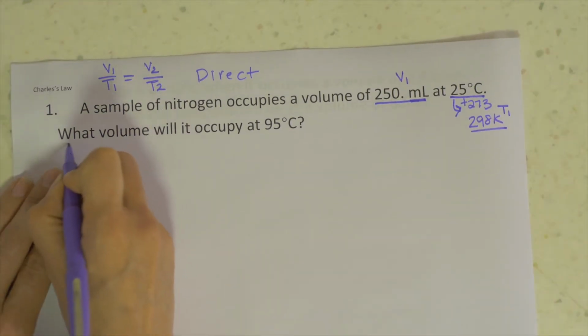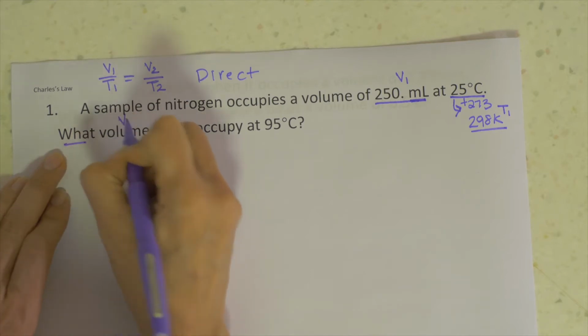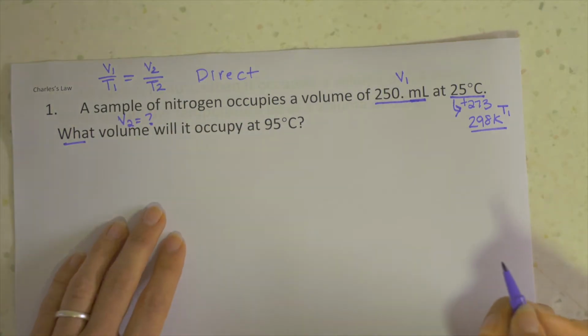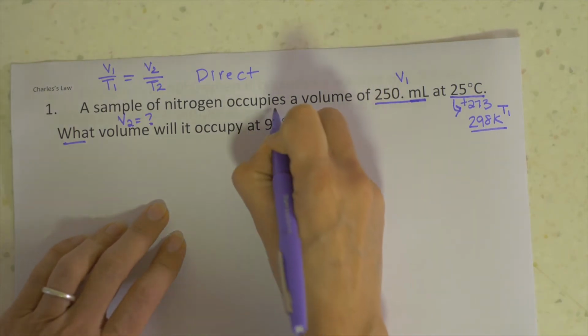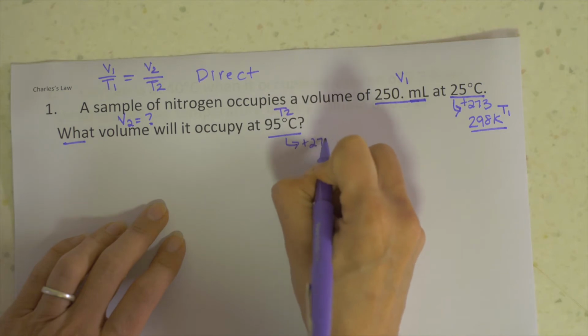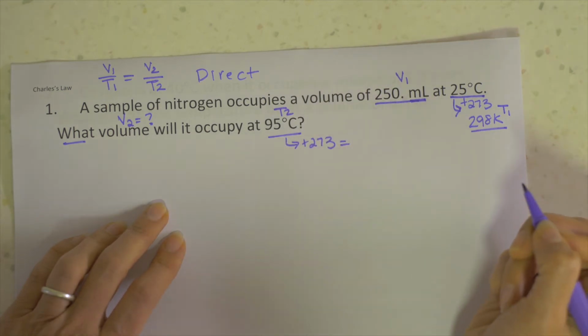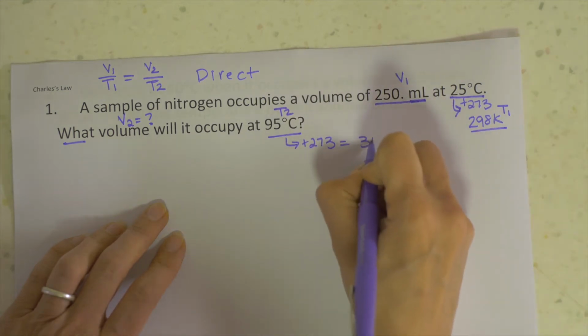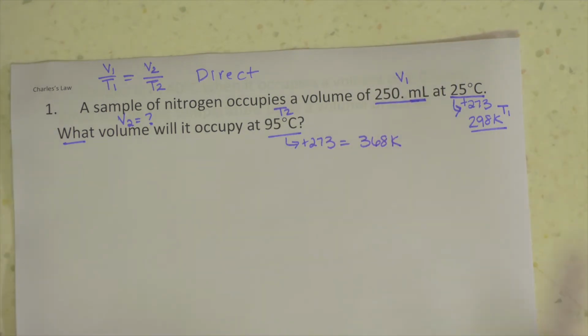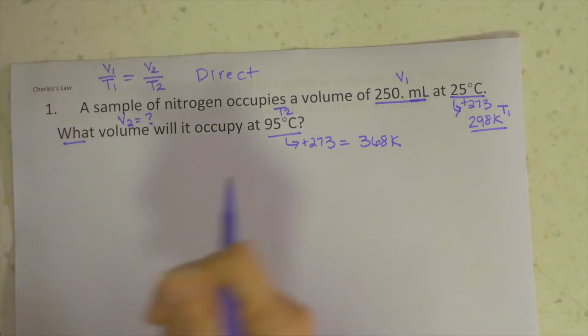What volume will it occupy at my T2, 95 degrees Celsius? Again I add 273, and that gives me 368 Kelvin.